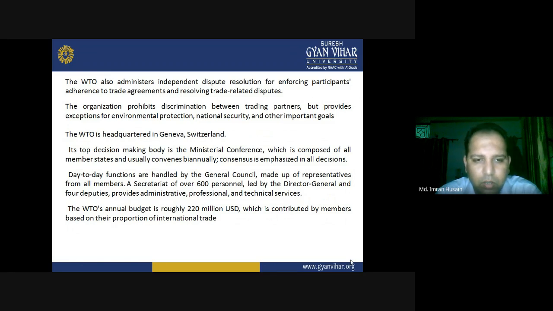The WTO annual budget is roughly 220 million US dollars, which is contributed by members based on their proportion of international trade. So, the more proportion you cover in international trade, the more space you will have at WTO, or you will have a better voice at WTO. The more trade you are conducting, the more your voice will be heard.